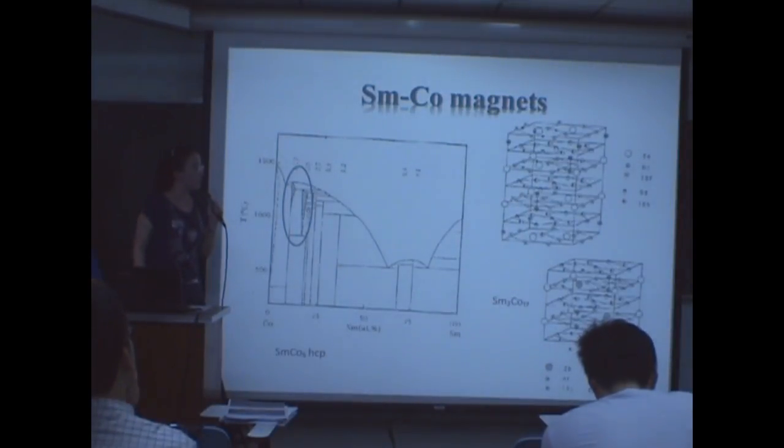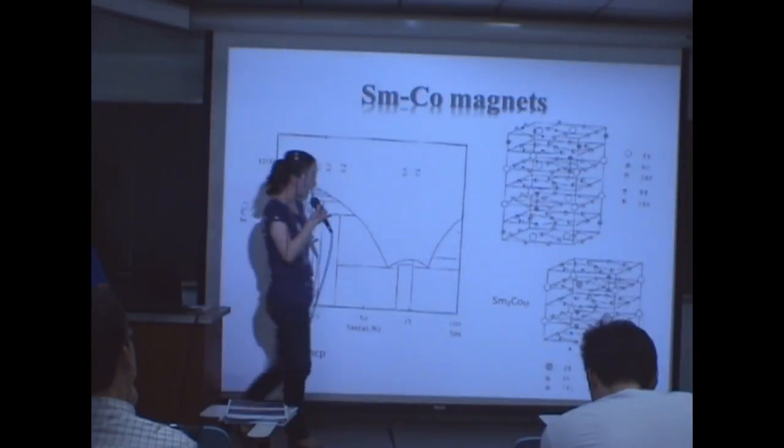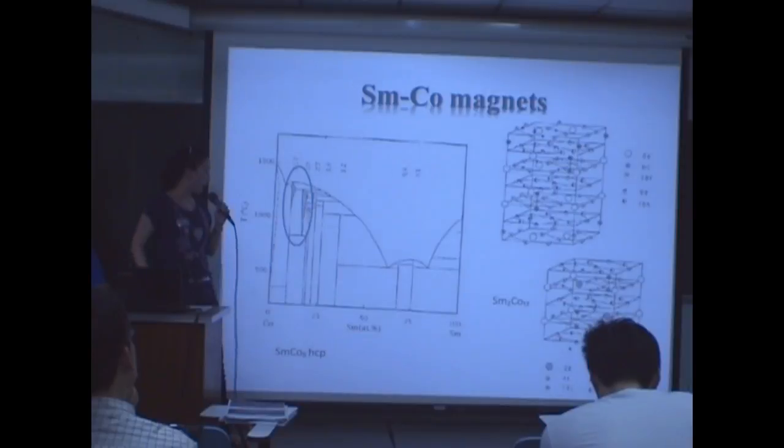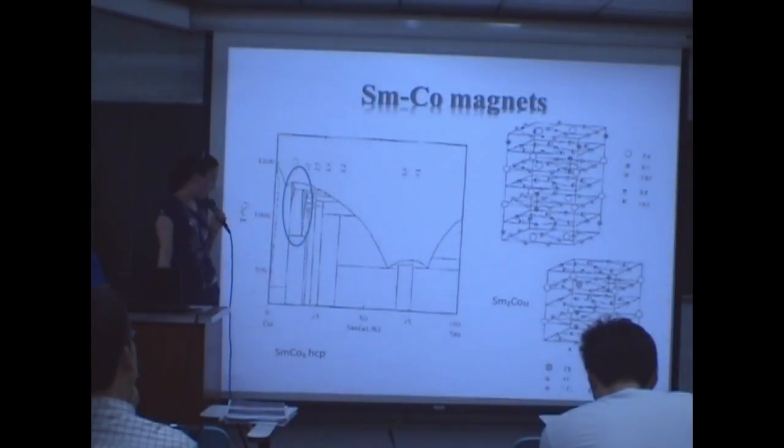And the other is samarium 2 cobalt 17, and this structure is derived from the samarium cobalt 5 FCP structure, because one-third of the samarium atoms are replaced by dumbbell pairs of cobalt atoms.